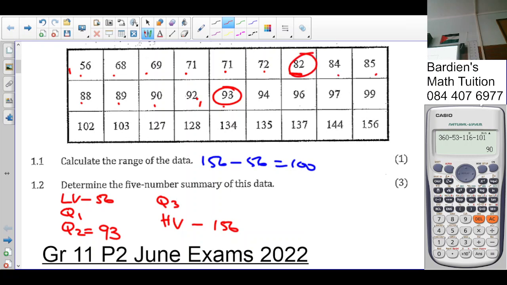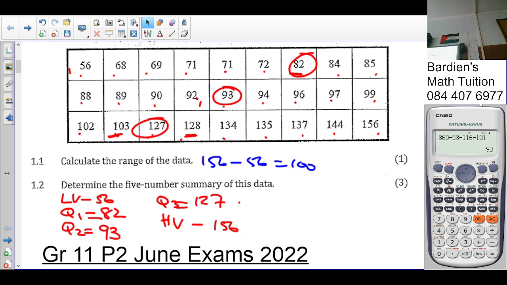So 82 is going to be quartile 1. And then quartile 3 is 1, 2, 3, 4, 5, 6, 7, 8, so it's the 7th number. Can you see that, people? So that's going to give you 127.